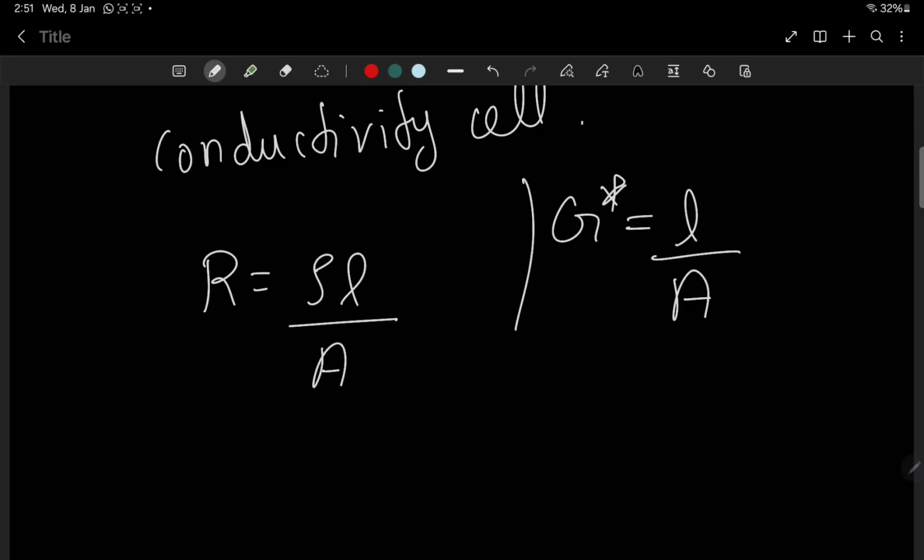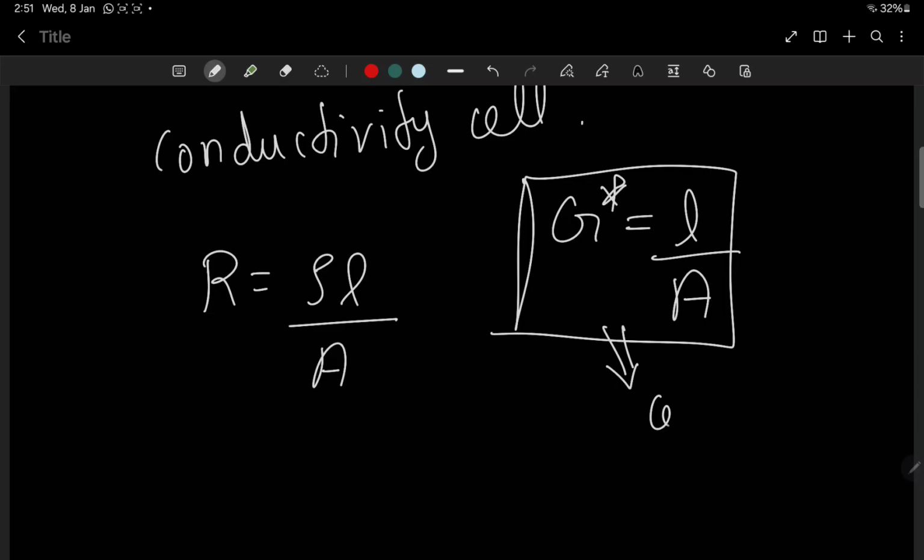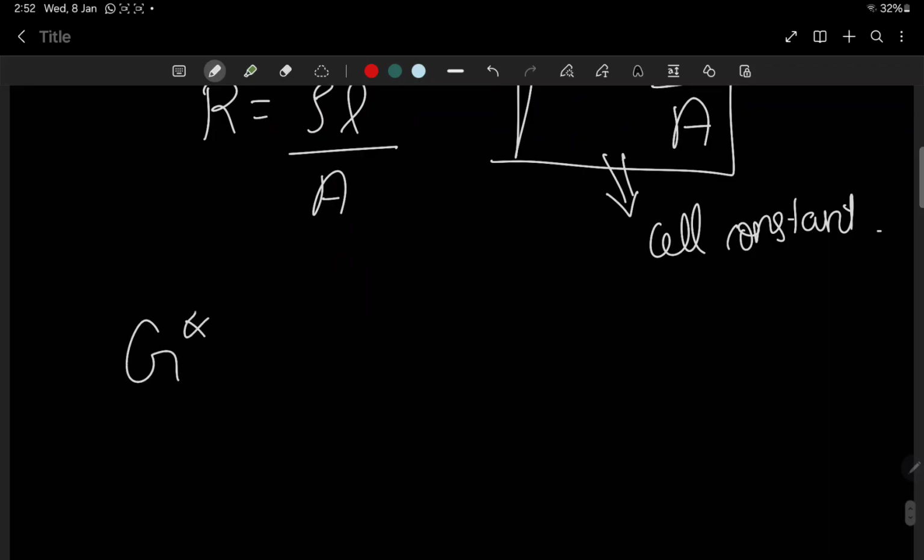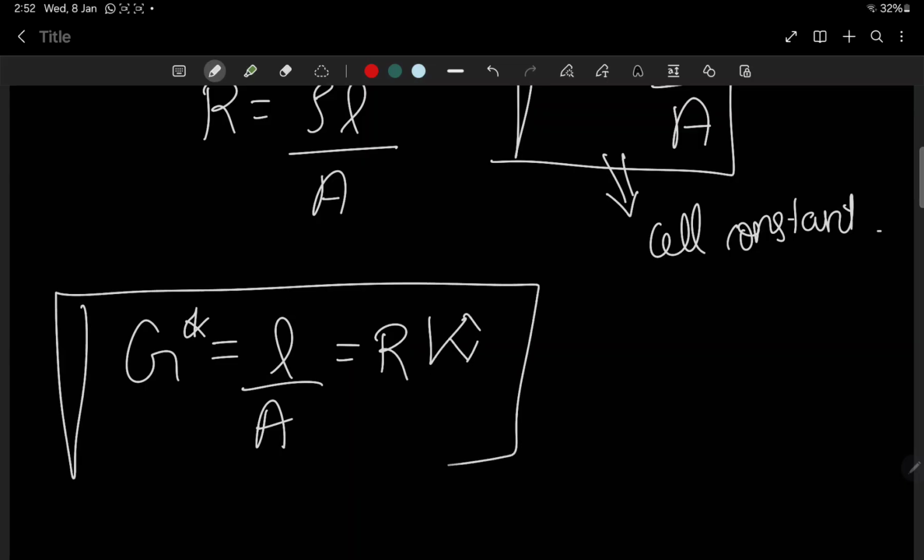So this L by A is called the cell constant. Cell constant is equal to L by A, or we can write it as R kappa. You rearrange, you will get it. R kappa means resistance into conductivity.